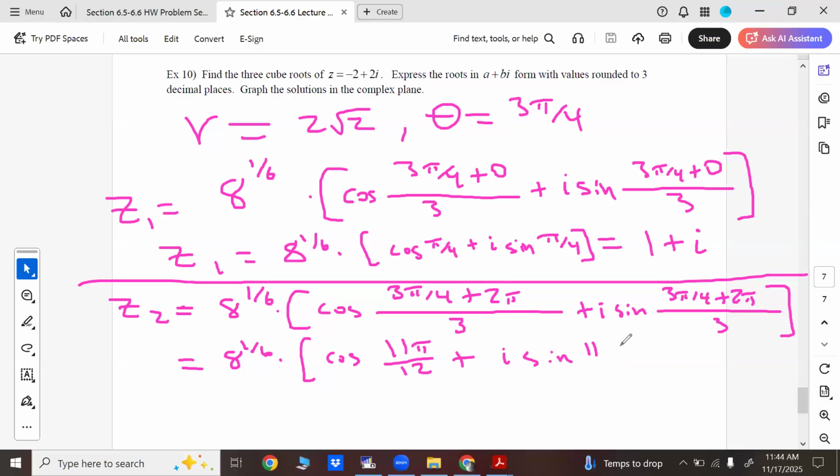You can't do this, you need a calculator for sure. So you get negative 1.366 plus 0.366i.